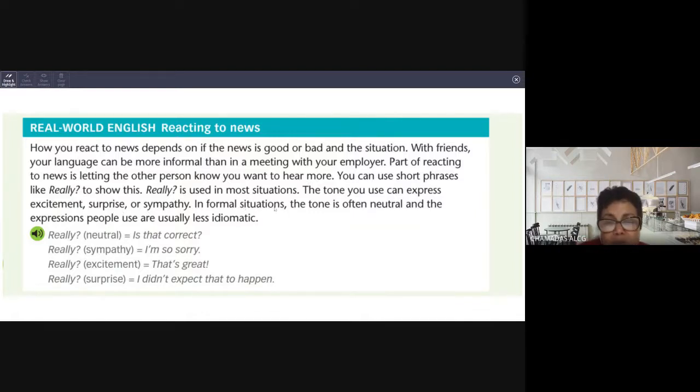In formal situations, the tone is often neutral, and the expressions people use are usually less idiomatic. Okay? So, of course, guys, when we are in a formal setting, we are never going to be emotional, right? I mean, not never, but we're going to be less emotional.